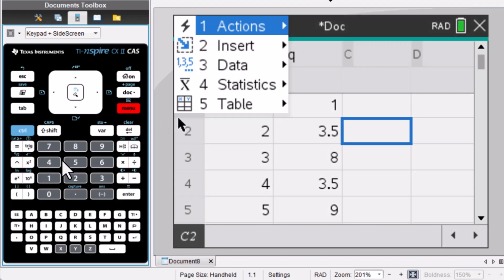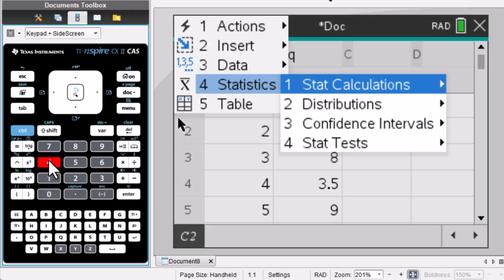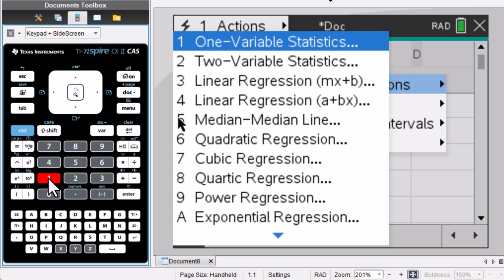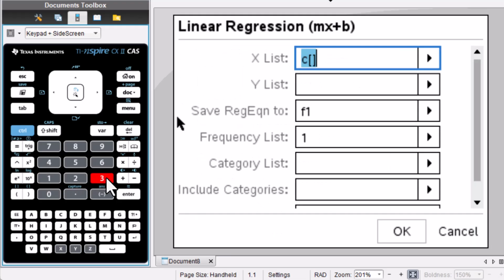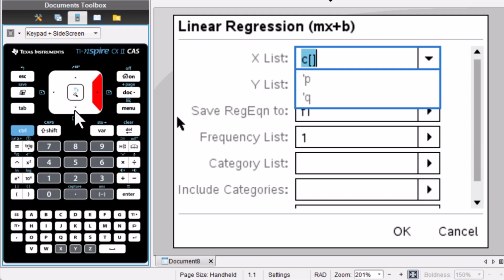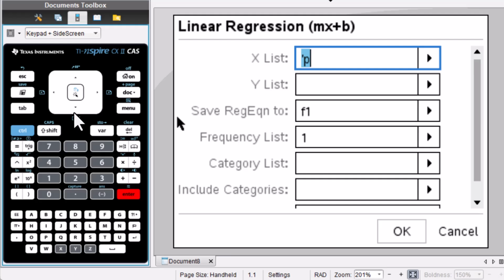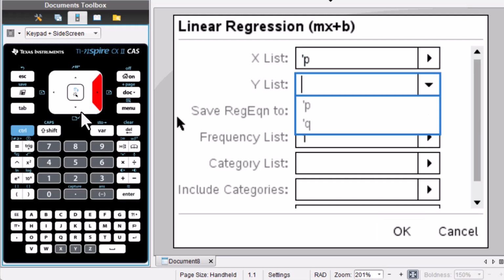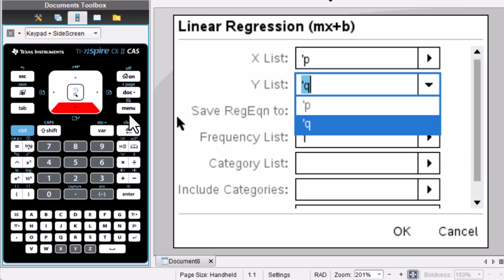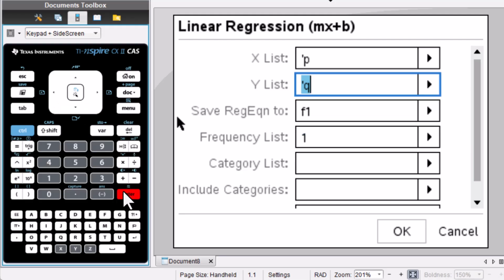Click on Menu. 4. Statistics. 1. Stat calculations. Go to 3. Linear regression line. Double-click this right arrow button to get P. Y list is Q. Then enter.